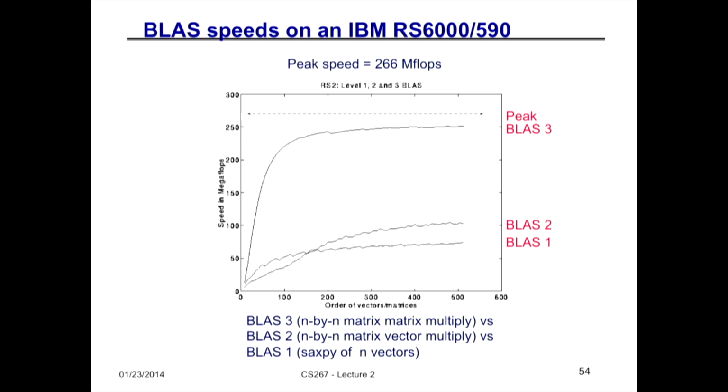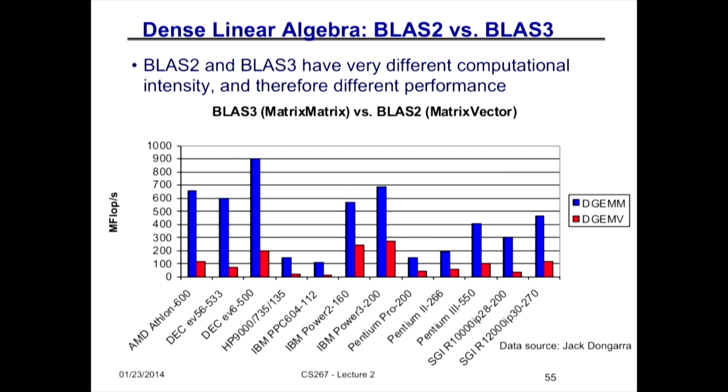So let me show you some more data, just to show you this picture is standard across lots of machines. Here are lots and lots of different platforms, and each pair of vertical bars compares the speed of matrix multiply, that's dgemm, the standard name for it in the library, versus dgemv, which is the standard name for matrix vector multiply. The vertical axis is megaflops, so up is good.